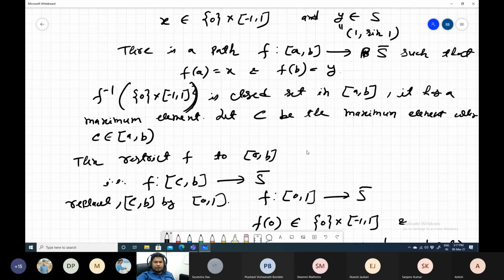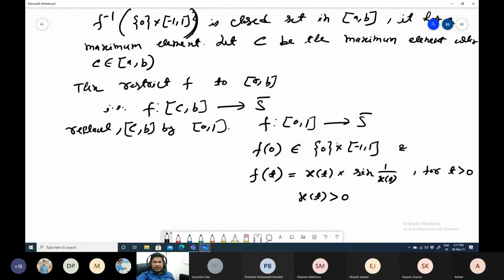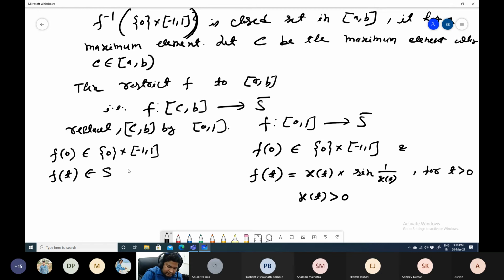Okay. So now we replace [c, b] by [0, 1]. So that means f of 0 वर्टिकल लाइन में रहेगा, but जब भी तुम्हारा t 0 से ज्यादा होगा then वर्टिकल लाइन में नहीं रहेगा, तो ये S में रहेगा. So in other words we can say that f of 0 belongs to that vertical line and f of t belongs to S for t bigger than 0.